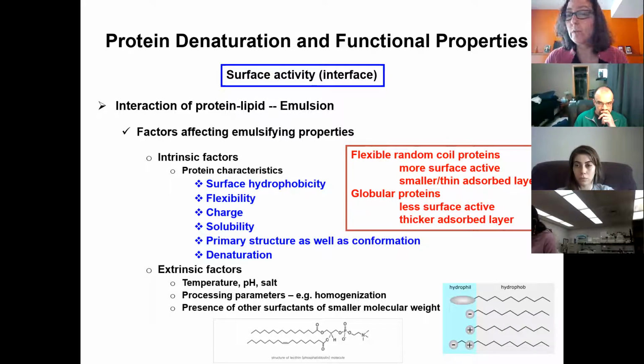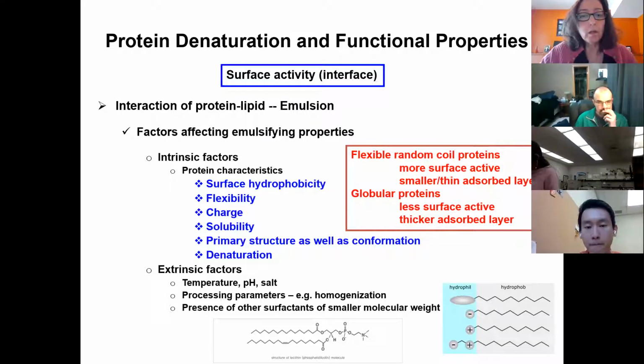So we work with extrinsic conditions, the pH, salt. Sometimes we add some temperature to enhance denaturation. And then we work with our processing, the homogenization process as well.